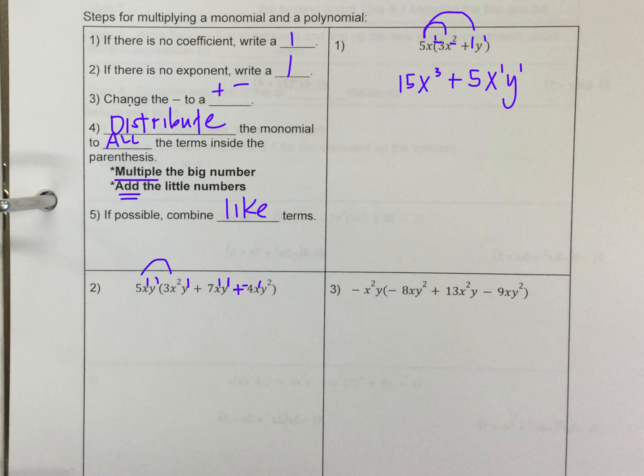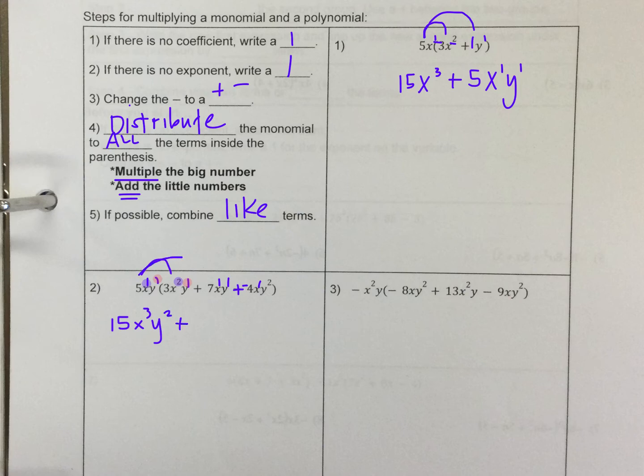And now we can distribute. 5 times 3 is 15. Now I'm going to write my x. I have 1x here and 2x's there. And I add those. 1 plus 2 is x to the third. Y, you have to do those separate. I have 1y here and 1y here. That makes y squared. 1 plus 1 is 2.